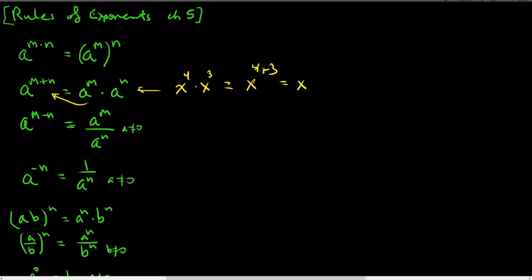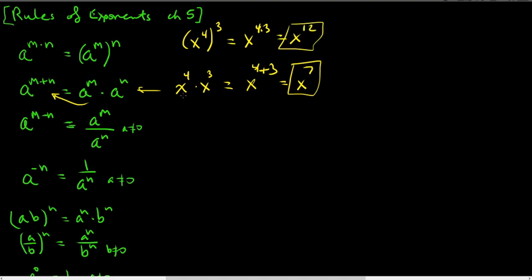And 4 plus 3 is 7, so this is x to the 7, not x to the 12. If you want x to the 12, you have to do x to the 4 to the power 3. That's x to the 4 times 3, which is x to the 12. So don't get those mixed up. A lot of people get these confused, so be careful.